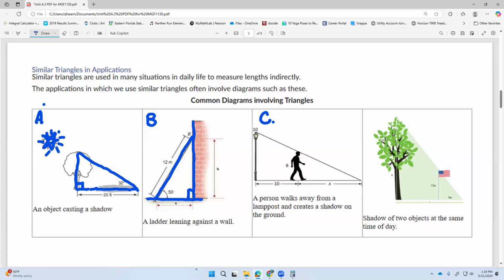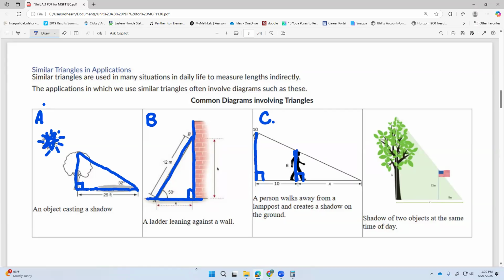Okay, so the lamppost, much like a tree or a building, we can think of this as a vertical line segment, and it is going to form a right angle with the ground. You can think of the person as being straight up and down as well. So you can draw a line here, and that person is forming a right angle to the ground as well.